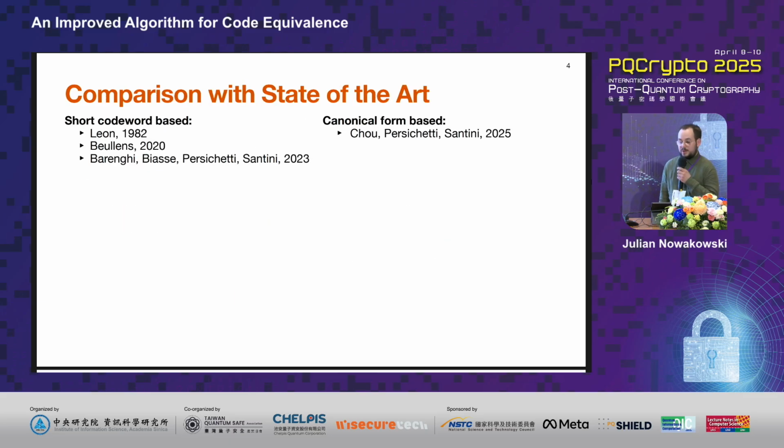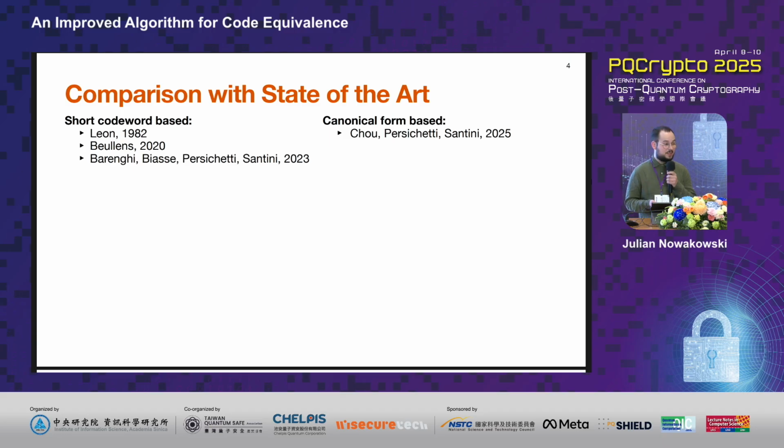So let's compare the algorithm with the state of the art. Basically, the state of the art consists of two families of algorithms. One is called short code words-based algorithms, and that's the classical way of solving the code equivalence problem that goes back to 1982. And then there's a very new approach, called canonical form-based.